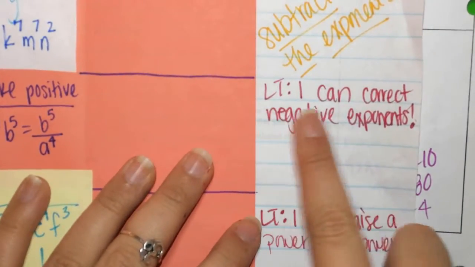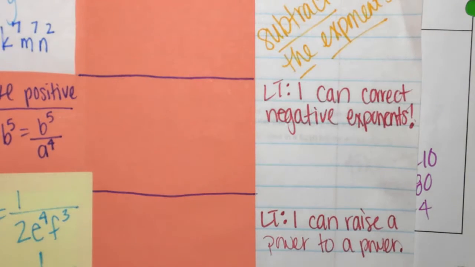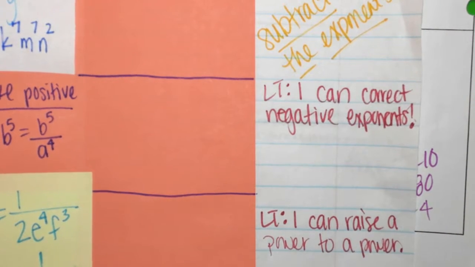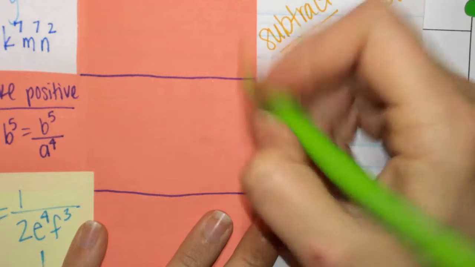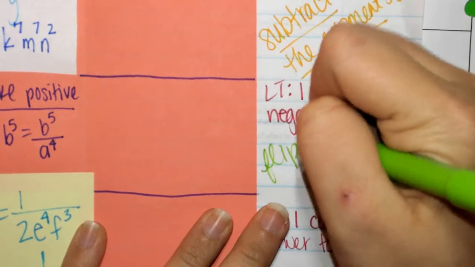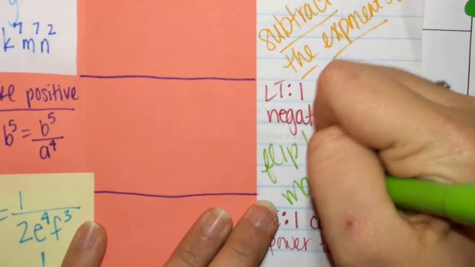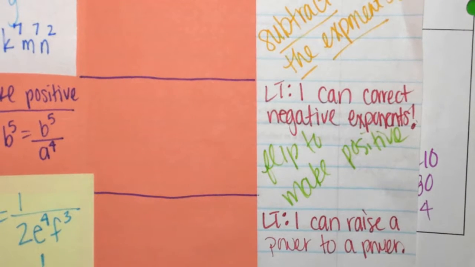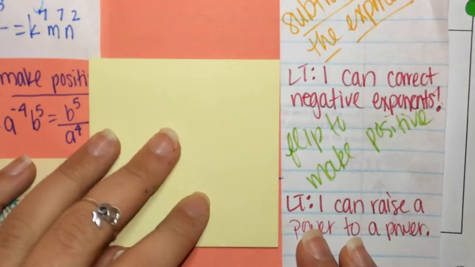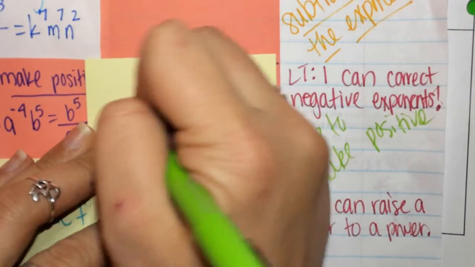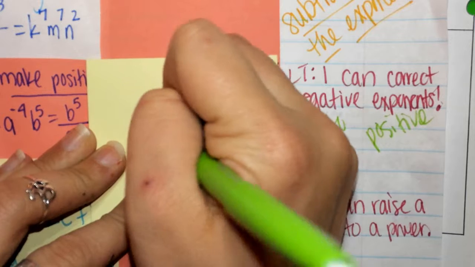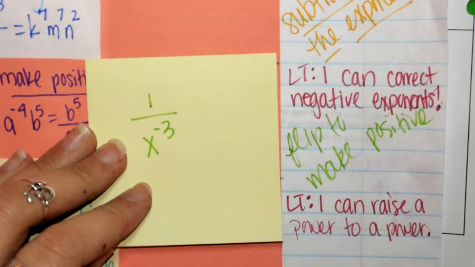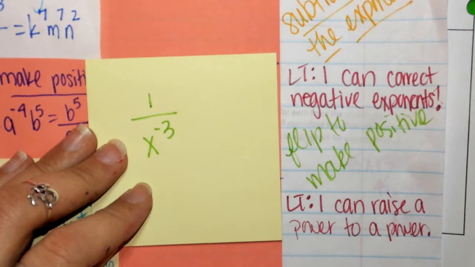Alright, now it says I can correct negative exponents. What do we do to correct negative exponents? Flip to make positive. Now, what if I said 1 divided by x to the negative 3rd power? Flip it where?